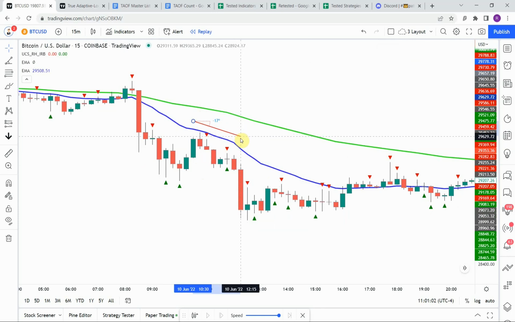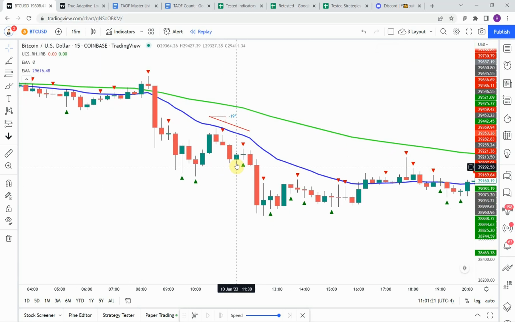So whenever I did this testing again, the angle was at least around 20 degrees or more is how I did it. And so if it was less than, say, 18, then I wouldn't do it.